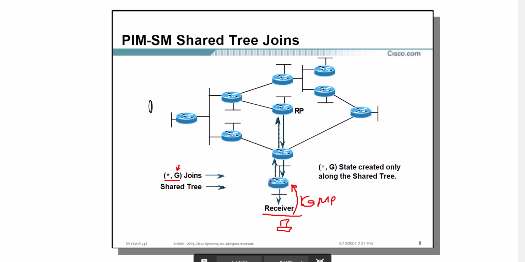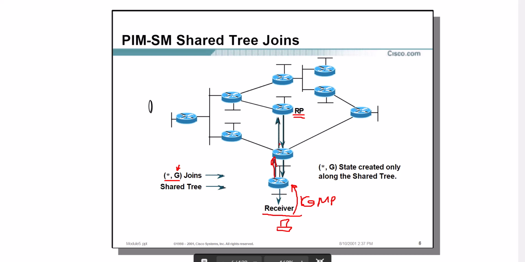It will send it upstream towards a rendezvous point. It knows the IP address of the rendezvous point, so it can look up this IP address in its own unicast routing table. It will understand which way the rendezvous point is located, and it will send this join message out of that interface.